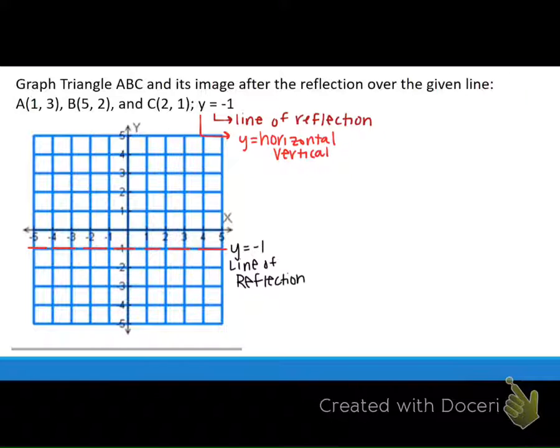All right, so plot your points. A is 1, 3. B is 5, 2. And C is 2, 1. And then you're going to connect in that order.